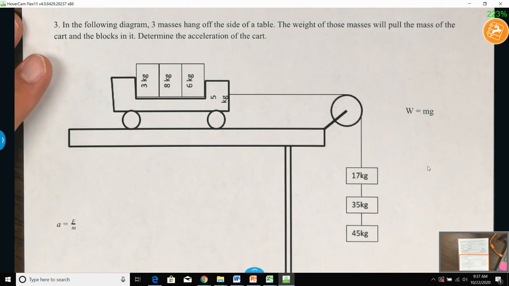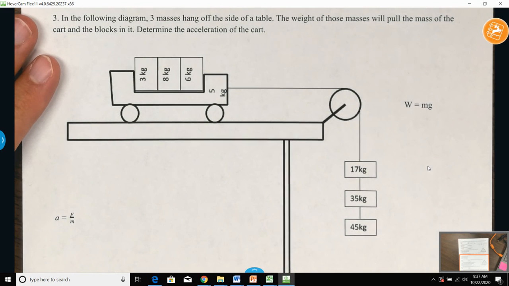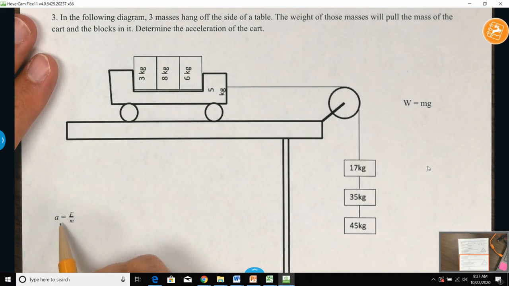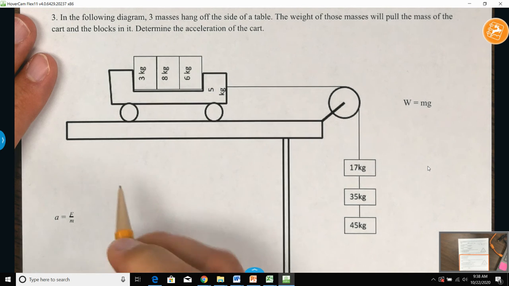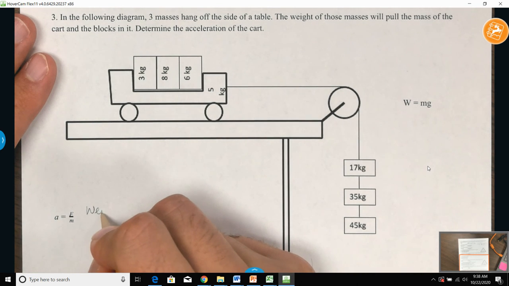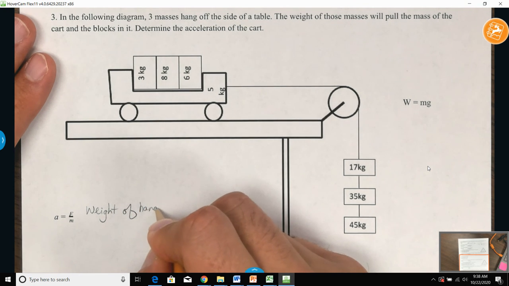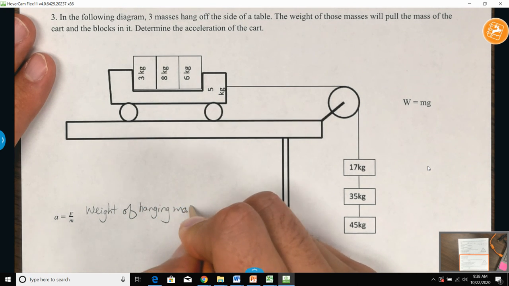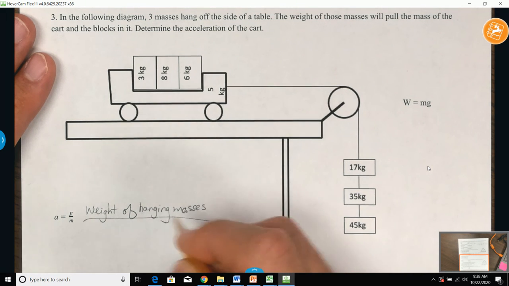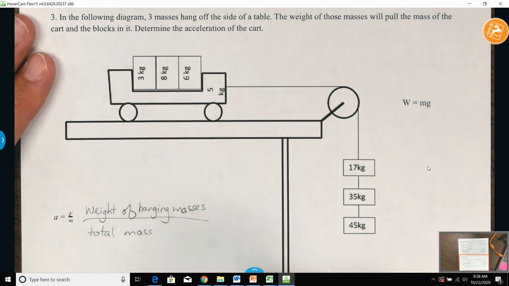So guys, this problem looks like a beast. Pretty simple, actually. I don't know why this came out really, really tiny, but acceleration is equal to the total force divided by the mass. So the force is the weight of the hanging masses, divided by the total mass of everything.